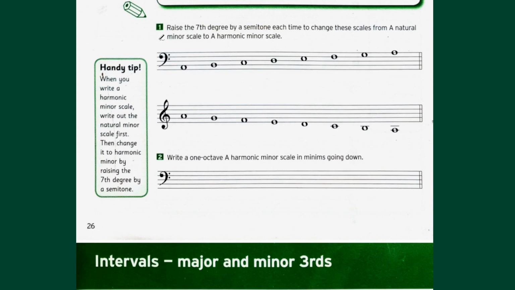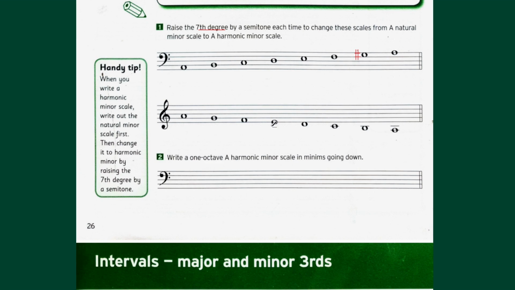Okay, let's take a look at question number 1. Raise the 7th degree by a semitone each time to change these scales from A natural minor scale to A harmonic minor scale. So they have given us the notes of the A natural minor scale, so all we have to do is raise the 7th note and add these little features.